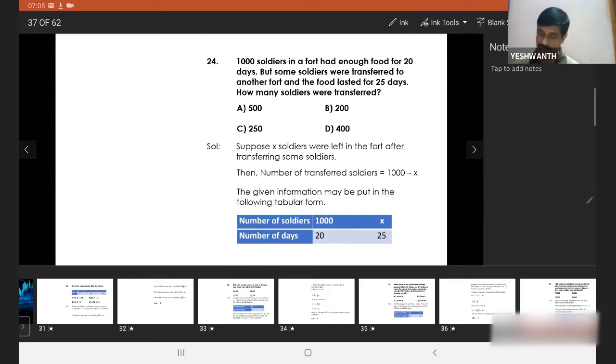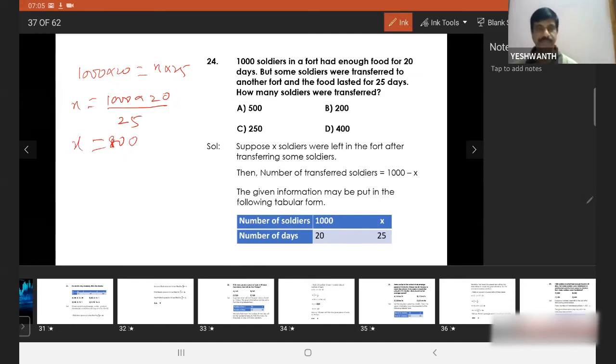So you take the product again, 1,000 into 20 equal to X into 25. So X equal to 1,000 into 20 by 25. 40 into 20, 800. So 800 soldiers are leftover, they are left over in the team.